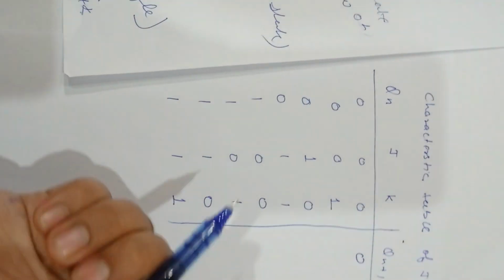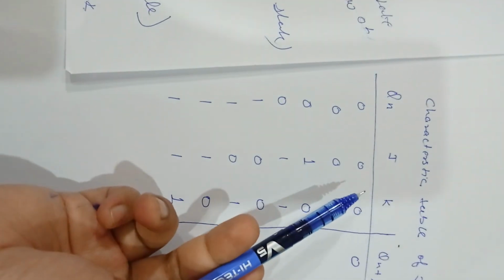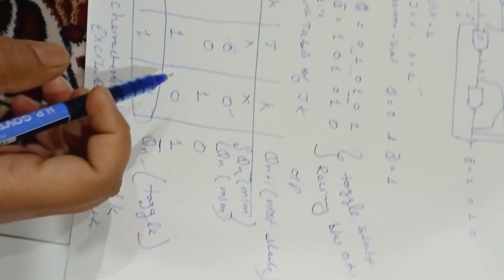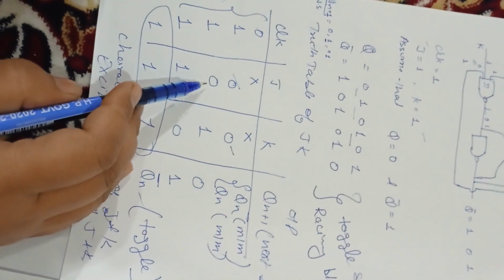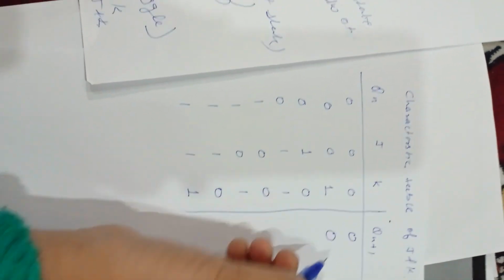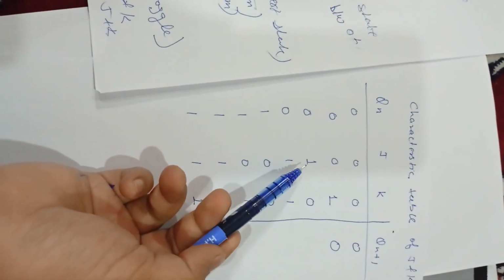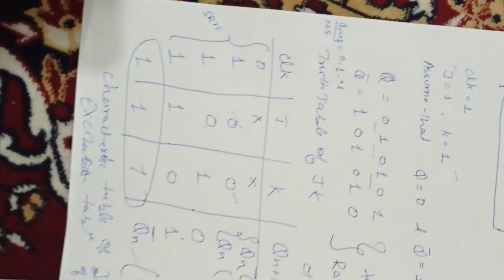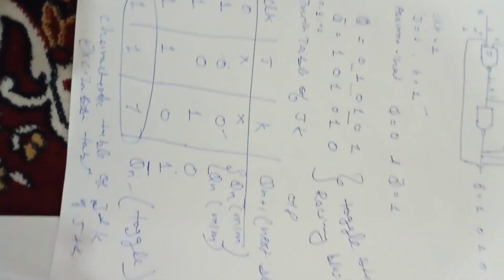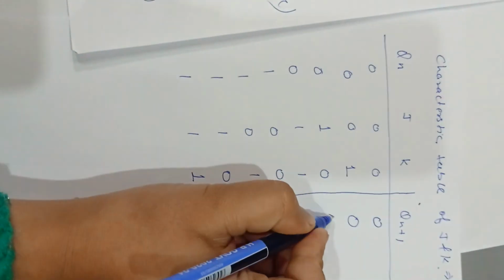The next case is Qn is 0, and J and K are 0 and 1. In the truth table of J and K, for 0 and 1 the output is 0. The third case, J K is 1 and 0, with Qn also 0, and the output is 1.